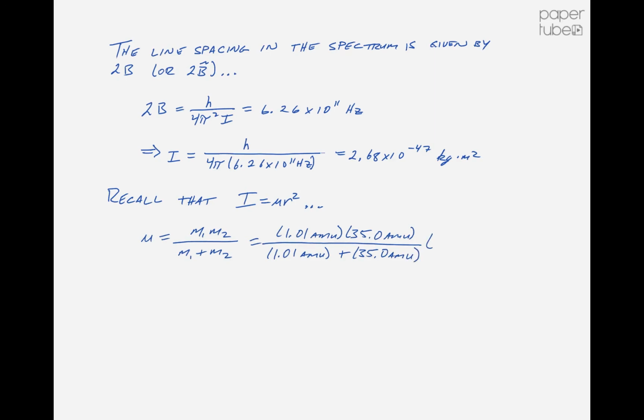Now we have to remember to convert the reduced mass to kilograms, and so we use the conversion 1.661 times 10 to the minus 27 kilogram per AMU. Carrying out the computation, we find that the reduced mass is equal to 1.63 times 10 to the negative 27 kilograms.